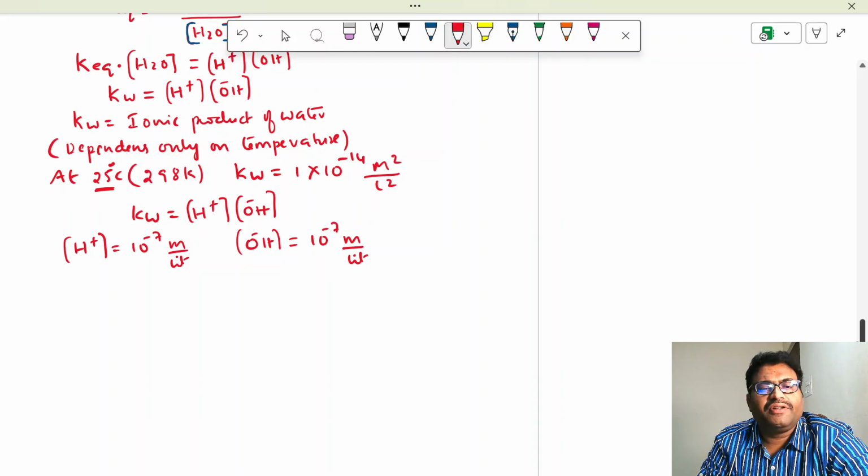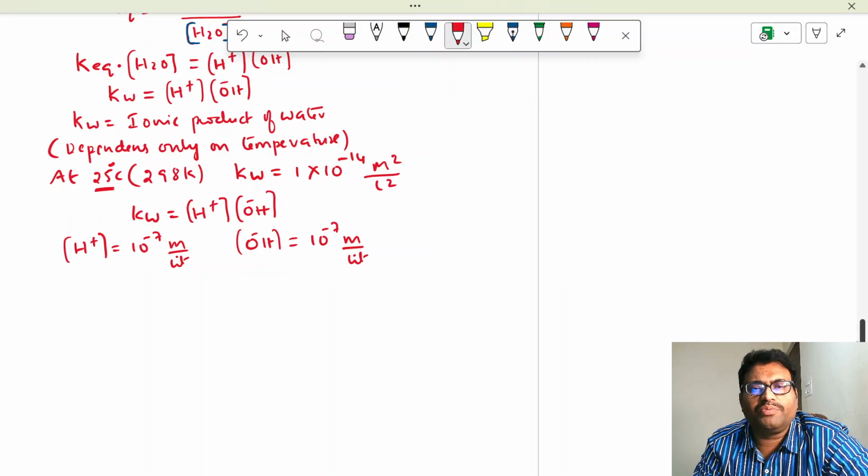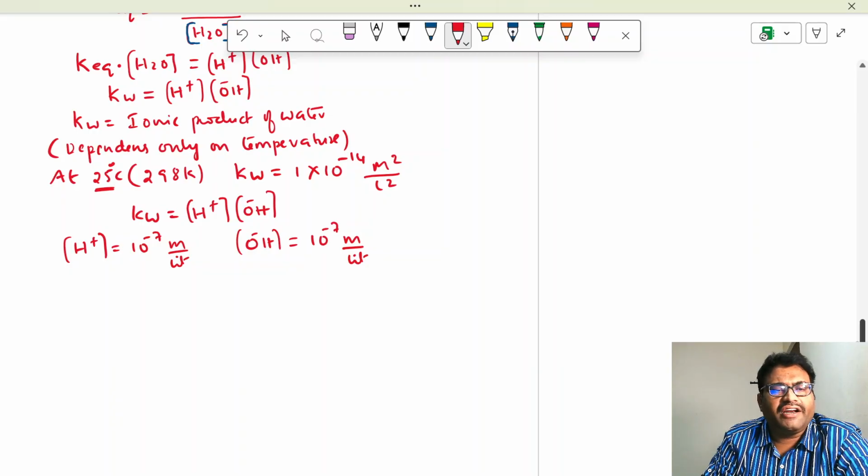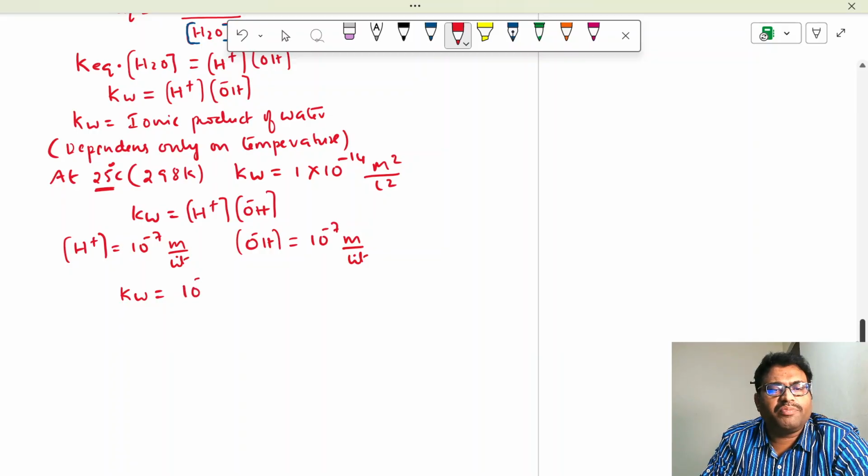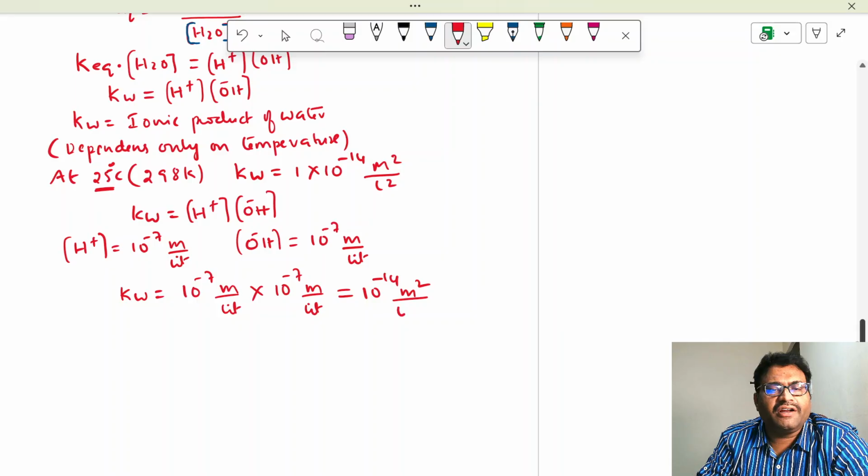They are the same because one water molecule produces one H plus and one OH minus. So Kw is equal to 10 power minus 7 moles per liter into 10 power minus 7 moles per liter, which is equal to 10 power minus 14 mole square per liter square.